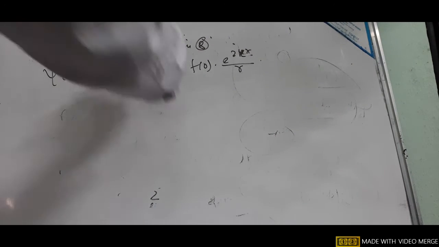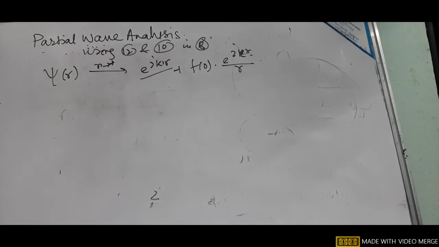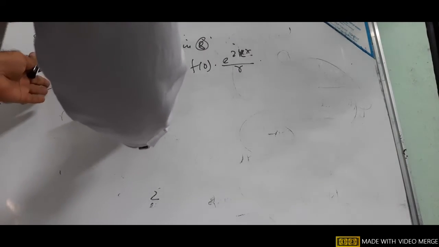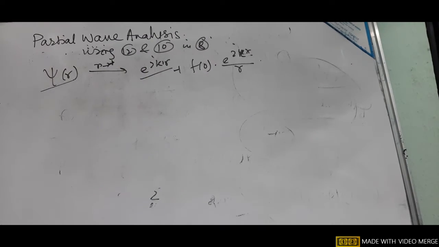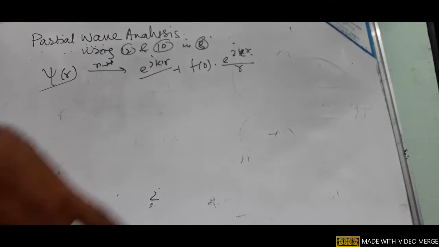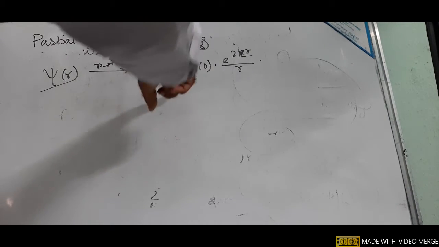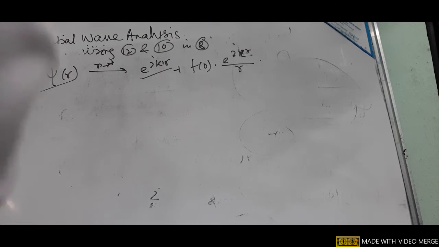So now we place both the sides, and then we will equate the coefficients of e to the power minus ikr by r and e to the power ikr by r on both the sides, then we will find out the scattering amplitude.